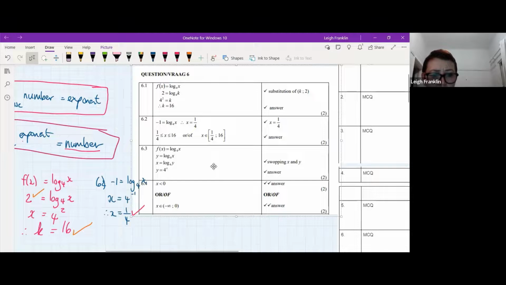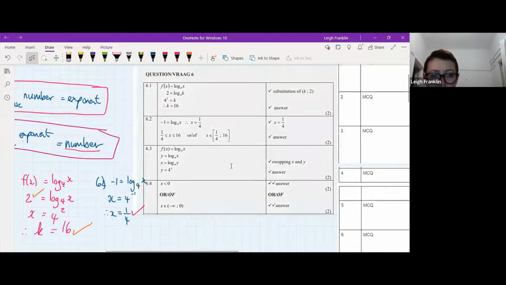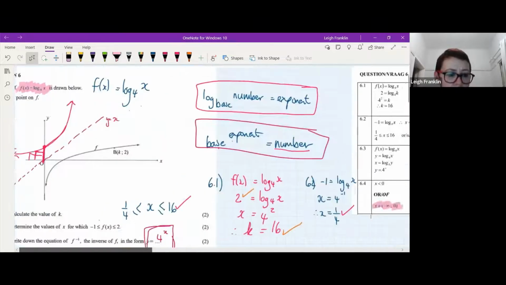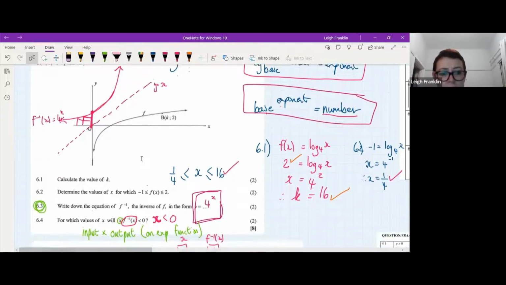It's exactly what we did. Now you can see where the marks were awarded. And if you want to write your answer as x is smaller than 0, or using interval notation with the brackets, you're more than welcome. I, for one, try and stay away from interval notation, because I think it's a little bit more difficult to understand.